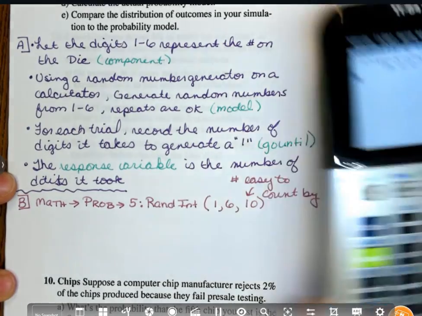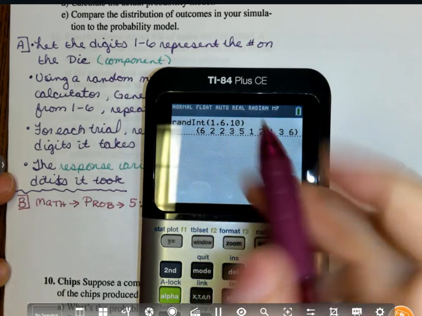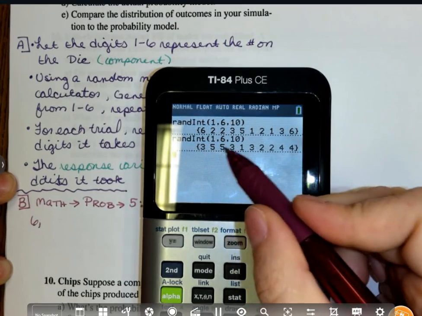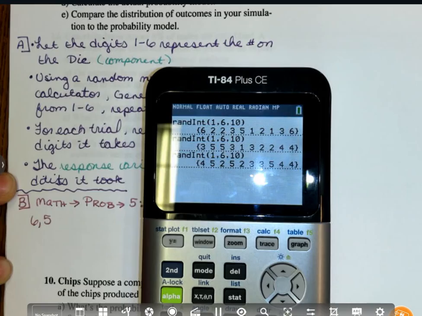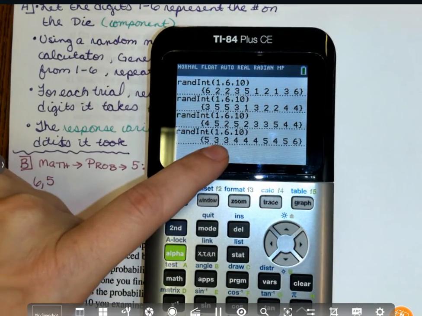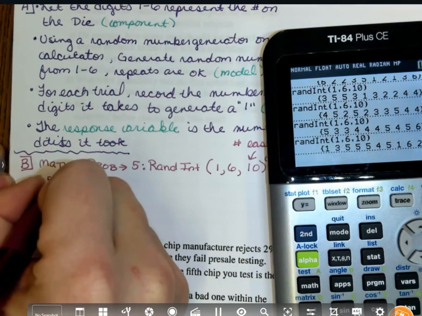Okay, and then to do these trials, I would simply say 1, 2, 3, 4, 5, 6. Hit it again. 1, 2, 3, 4, 5. And then just keep running through that. Oh, look, this one didn't have any. So there's 10, 20. It took 21 times to get through that.